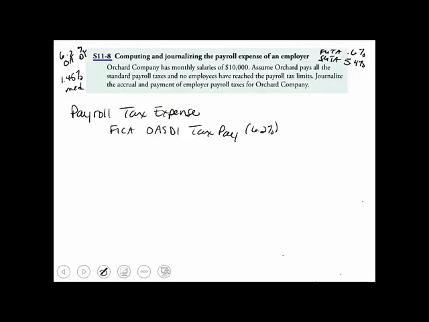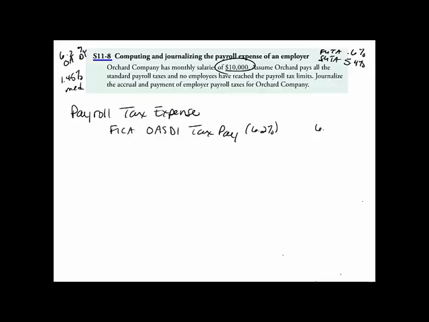So we've got the debit will be to payroll tax expense. And I'm going to write that first because I always write my debit first, but I'm going to leave the amount blank. And then I have a series of payables. So I will have the FICA tax payable for the Social Security, and that will be 6.2% of the total payroll, which is $10,000.